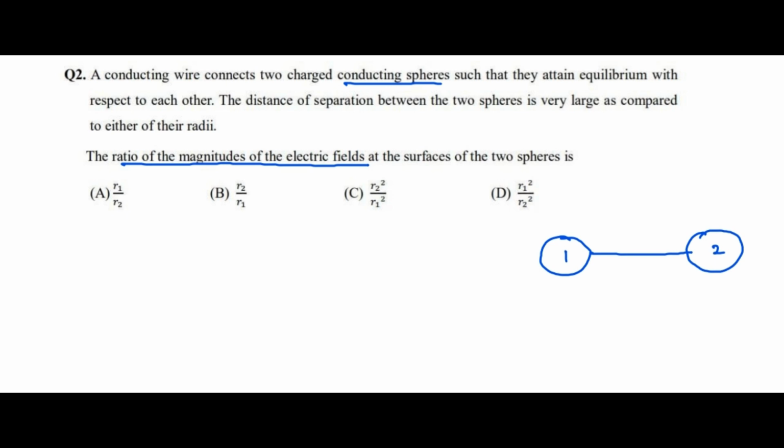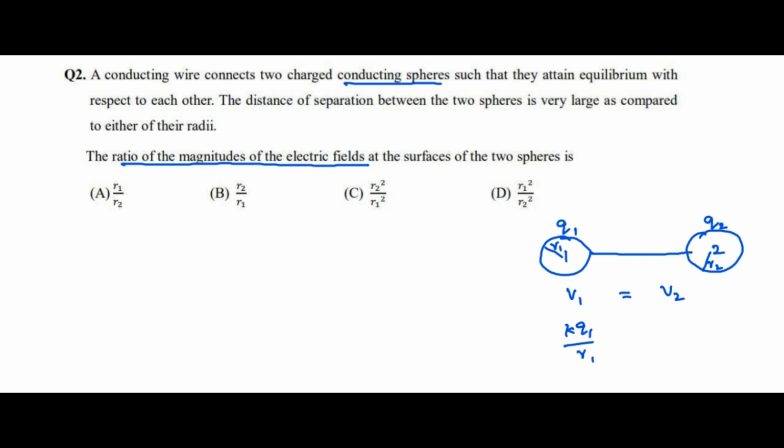Then the charge will transfer from one sphere to another through the conductor until both potentials are the same. That is V1 is equal to V2. Potential on 1 and potential on 2 will be equal. According to the formula, suppose initially the charge on 1 is Q1 and the charge on 2 is Q2, with radii R1 and R2.